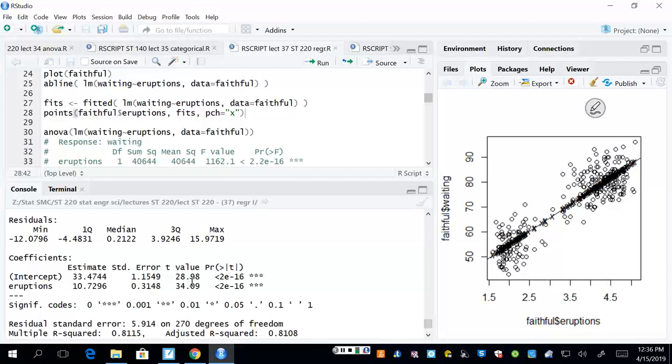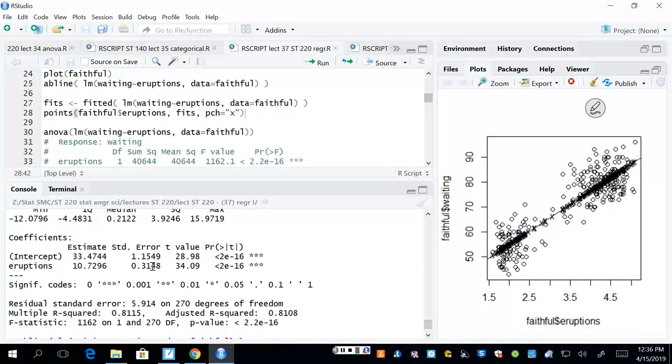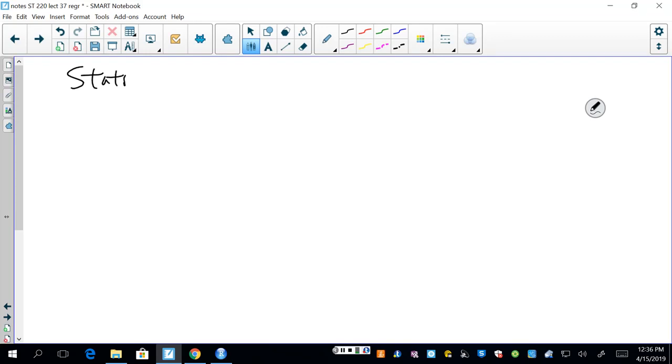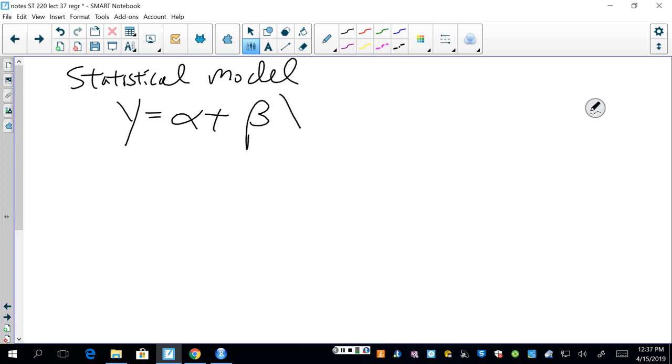But there's also the standard error and p-values and so on, and significance. So we're estimating something, we're estimating some coefficients, some parameters. So there is a statistical model underlying this. Our statistical model relates y to x: alpha plus beta times x plus some error. So alpha and beta are our parameters.